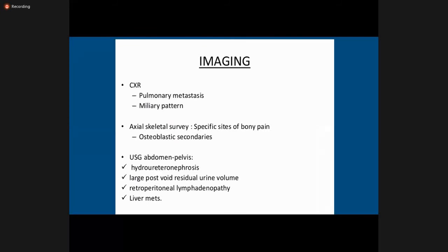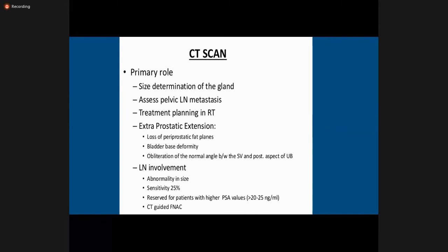Imaging starts with the chest X-ray, to see the pulmonary metastasis or miliary pattern. We can do skeletal survey and ultrasound abdomen to see if there is any hydronephrosis, large post-void residual urine volume, retroperitoneal lymphadenopathy, or any liver mets.